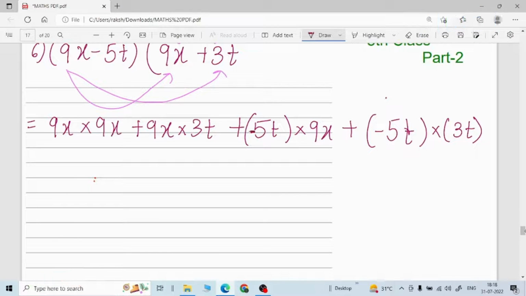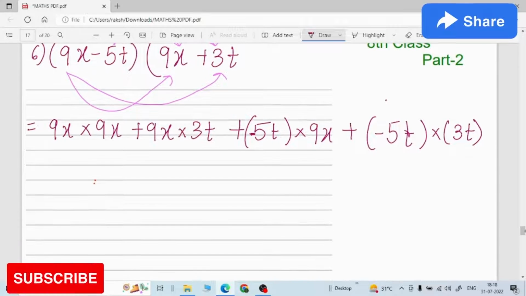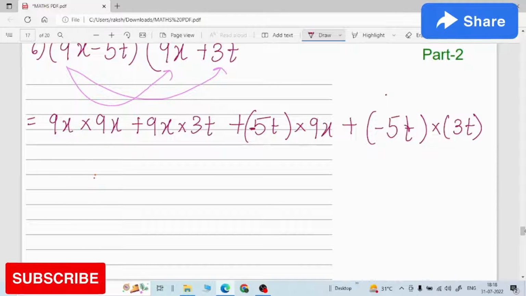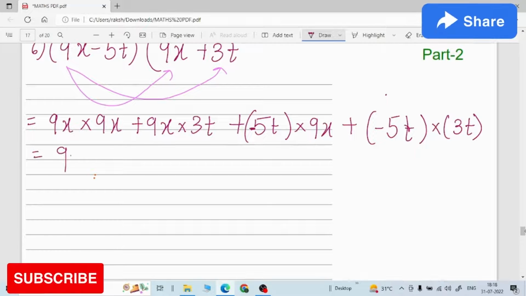Always remember the minus sign. Don't write very fast. Always remember the minus sign. That is 9x the whole square.